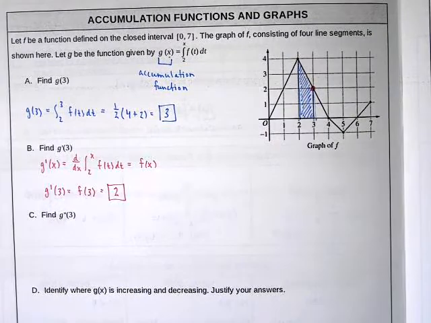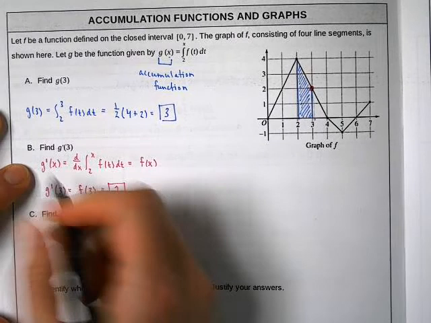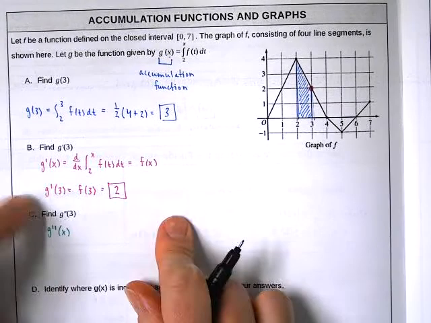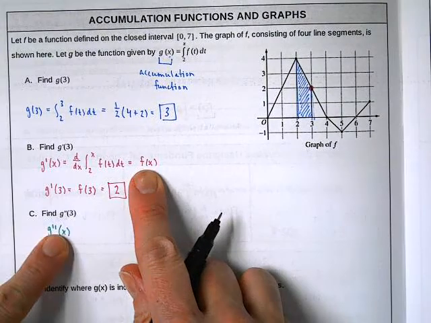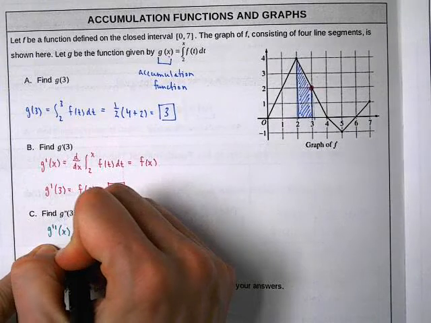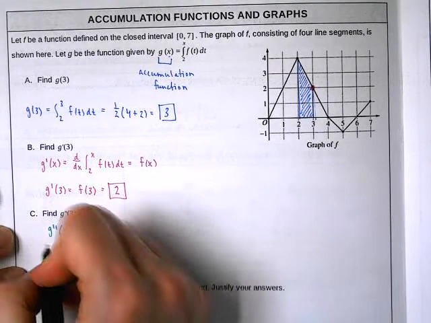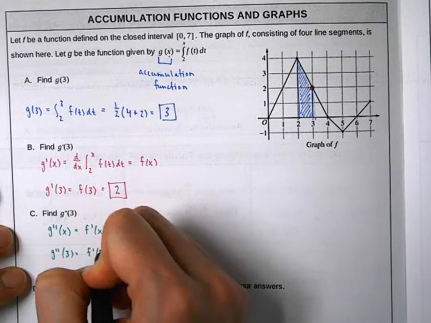All right, then the last thing, we've got g double prime of 3. So again, before I jump into 3, I have g double prime of x. Well, let's see. If g prime of x was equal to f of x, that means g double prime of x is just f prime of x. So I have g double prime of 3 equals f prime of 3.